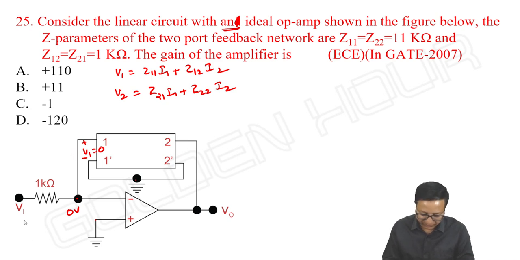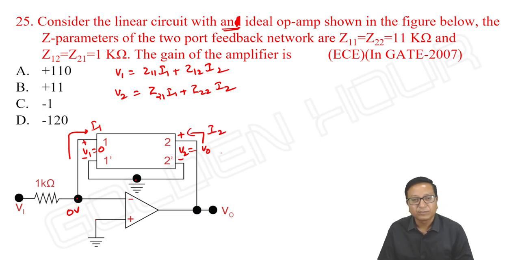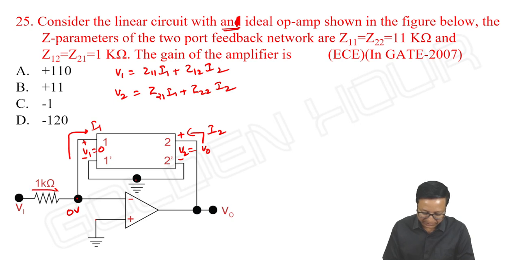Okay, or I am writing here V1 is equal to 0. And what about V2? V2 means this point and V output are one and the same. So V2 is equal to V output. And what about I1 and I2? This current is I1 and this current is I2. Whatever current comes here, the entire current has to go like this only.